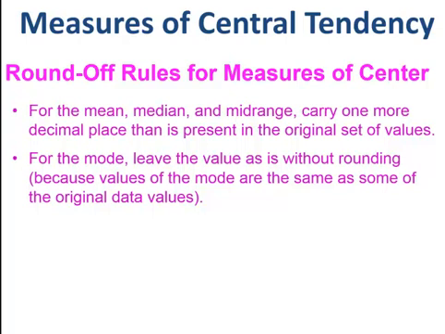Meaning, if you have all whole numbers, then you would go to one decimal place when identifying your mean, median, and mid-range. If it was 2 decimal places, you would go to 3 decimal places, and so on. For the mode, leave the value as is without rounding, because values of the mode are the same as some of the original data values.